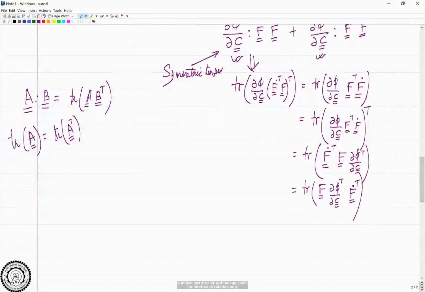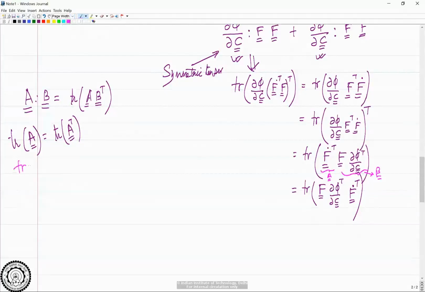How did this happen? Because I said that this is A and this thing is B. So trace of AB is the same as trace of BA. Do you remember? That is also one of the things.